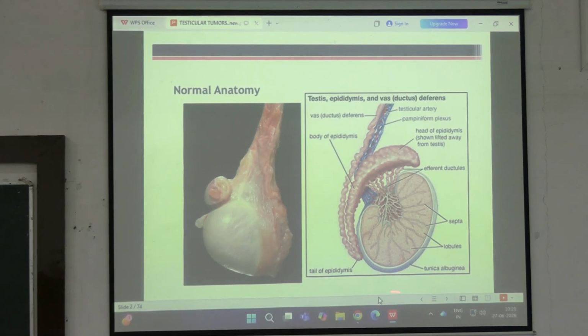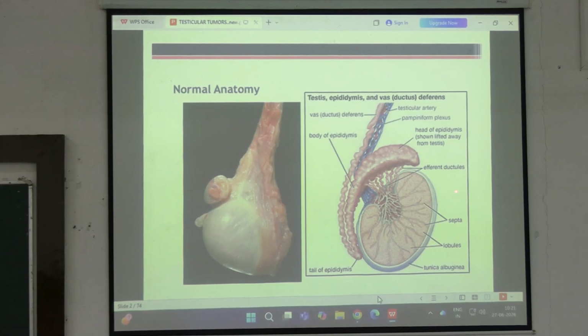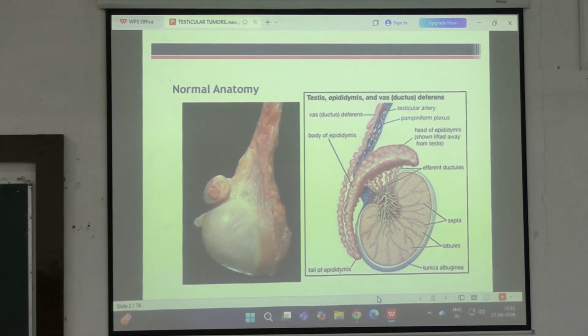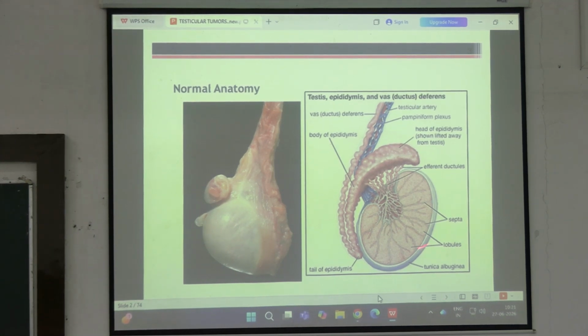Tunica albuginea. Septa. Lobules. Seminiferous tubules. Sperms. Vasa.